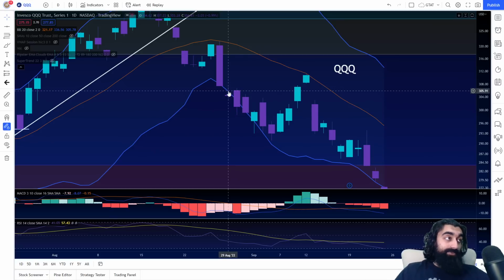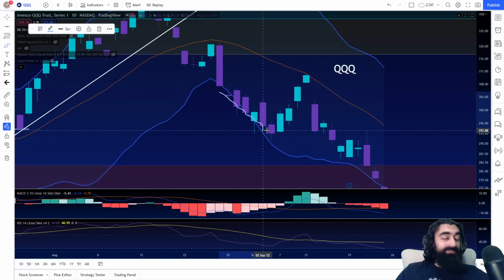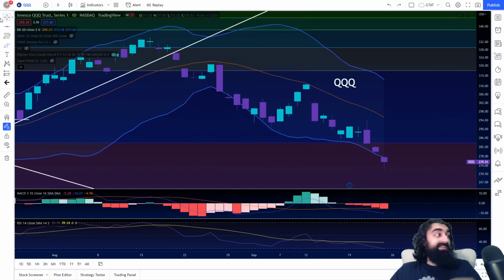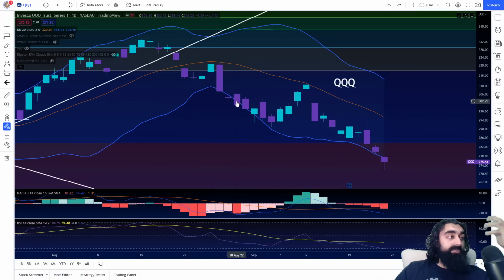What ended up happening was it took over a week. We continued falling lower. It was unprecedented weakness, and we didn't end up breaking back above until September 9th and 10th. So this obviously was extreme weakness that we saw out of the NASDAQ less than a month ago.